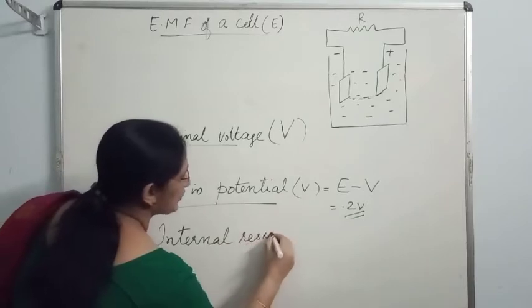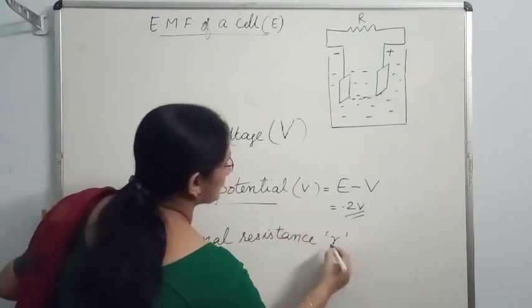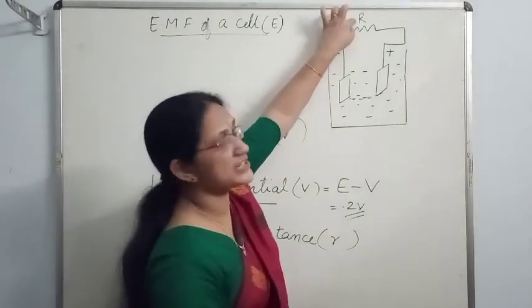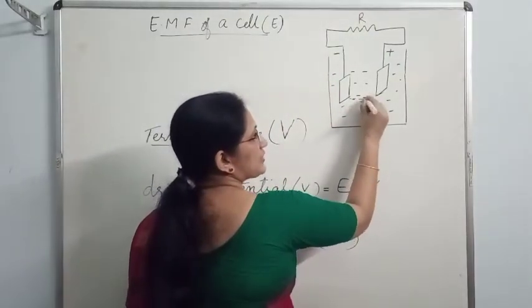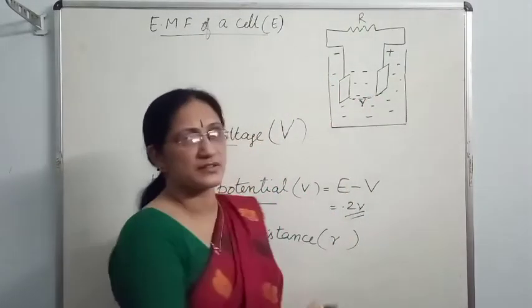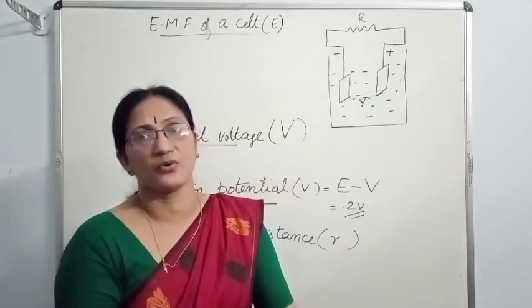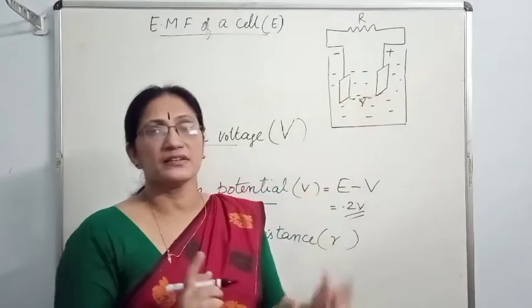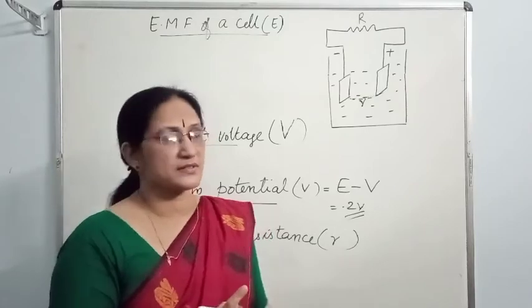Its symbol is small letter r. This resistance we call external resistance, and the resistance of this electrolyte we call internal resistance. So actually in this circuit there are two resistances involved. One invisible resistance is also there, that is the resistance of the electrolyte, which we call internal resistance.